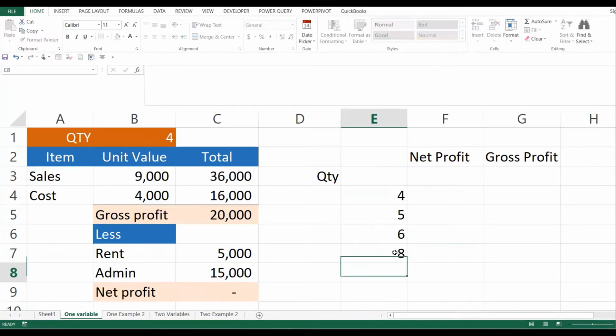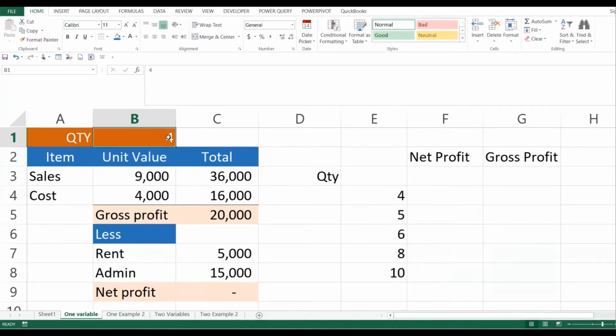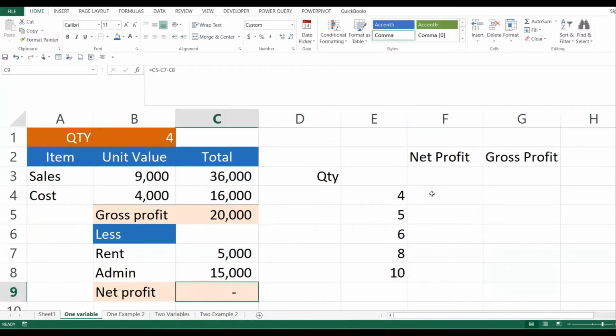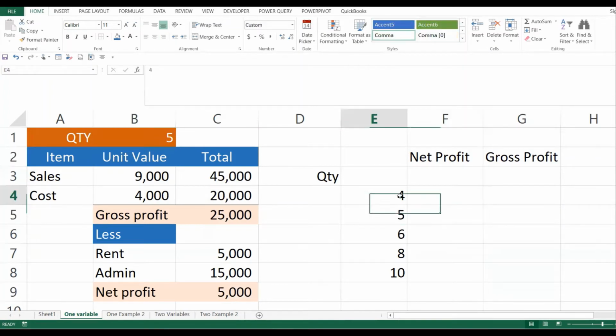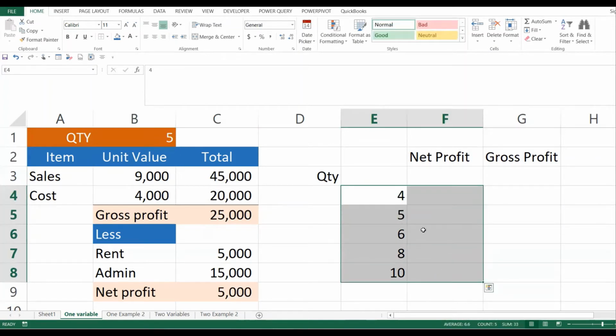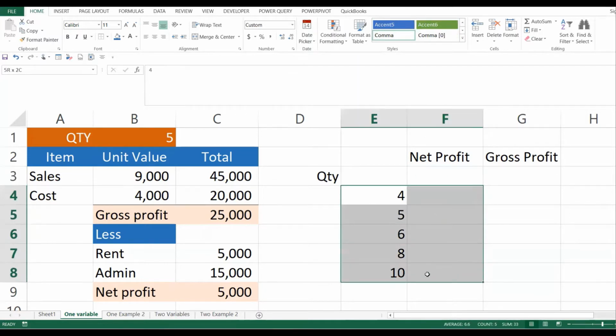Then 8, then 10. As I told you, you can change 4 here, record the net profit there, change this to 5, record the net profit here. But I'm not going to use that because it is very inefficient.